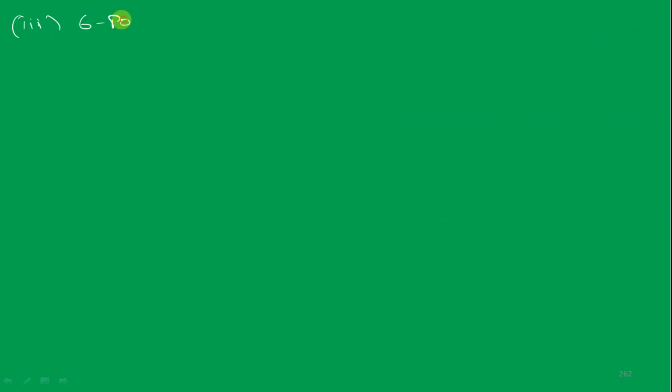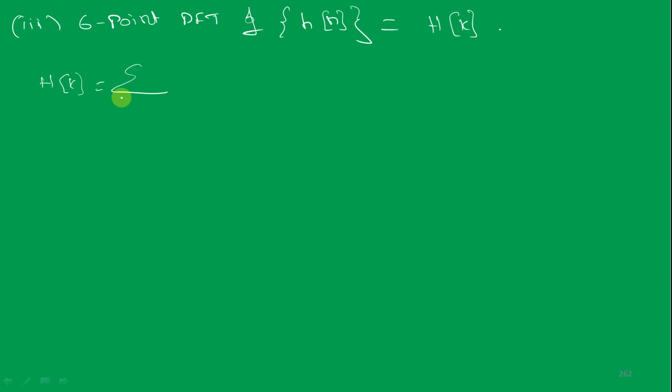6-point DFT computation again for the sequence h of n. It is said to be H of k. Now here H of k, what is the formula here? Summation n equals 0 to N minus 1, which means 5, h of n, W6 power kn.